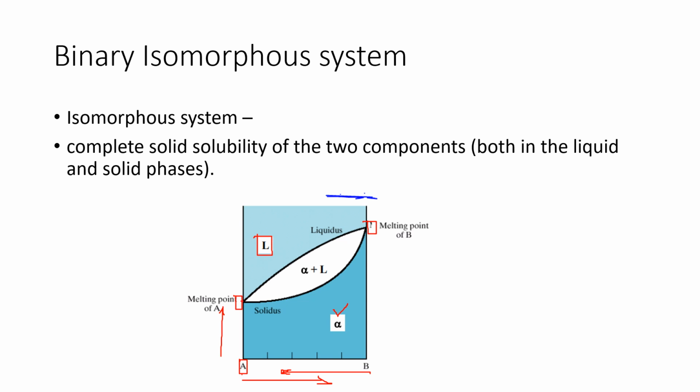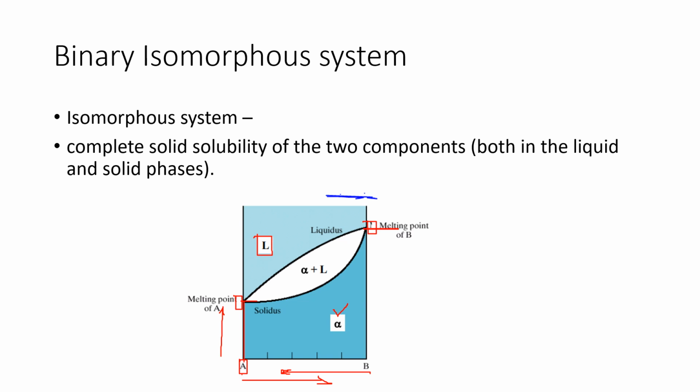At this point the composition of B is 0, and B is still in solid solution until the melting point of B is reached. When the melting point of B is reached, the solution is converted from solid to liquid.